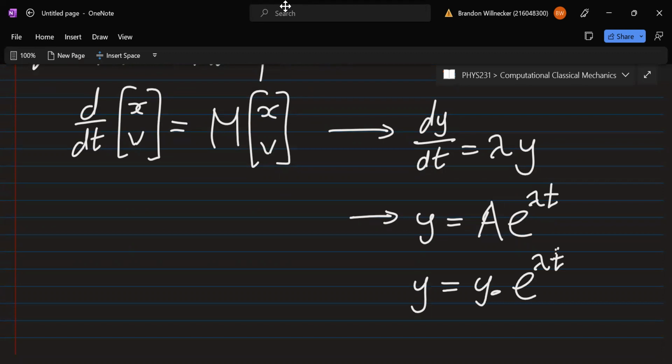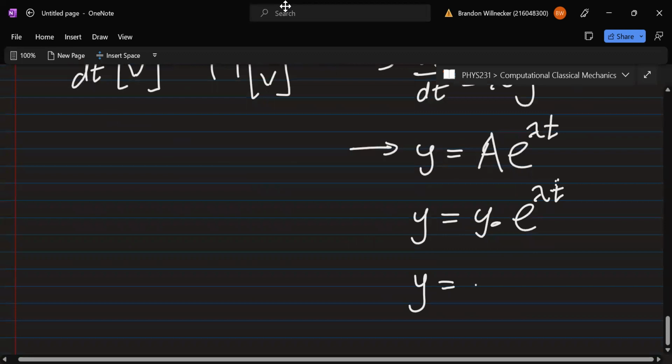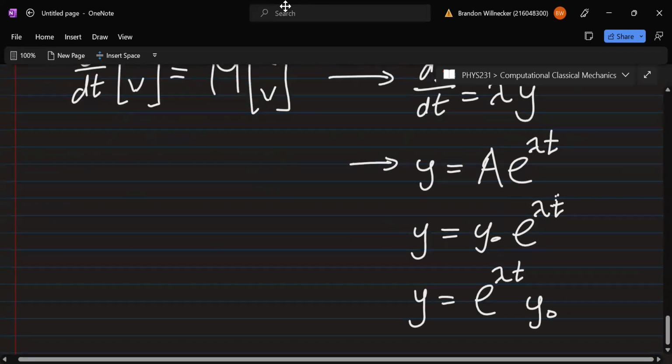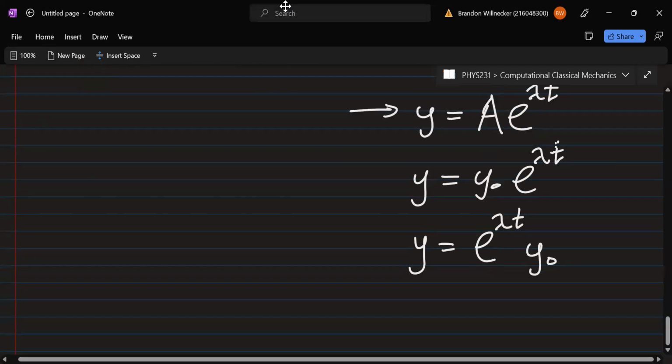Okay, now I'm just going to rearrange this slightly. I'm going to write this as y is equal to e to the lambda t y0. So we can imagine finding y is the same thing as taking our initial y0 and multiplying it by e to the lambda t. This is very similar to what we did with the quantum mechanical time evolution.